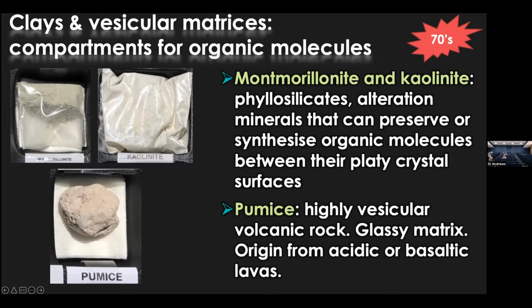Here you see montmorillonite and kaolinite as an example from this collection. And pumice is to demonstrate highly vesicular volcanic matrices, natural rocks that we can collect very easily close to different volcanoes.